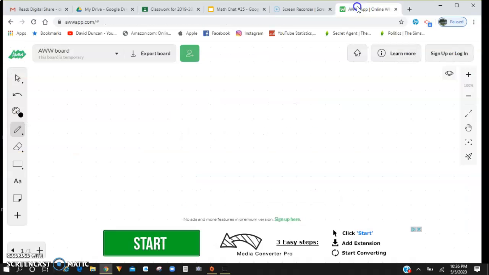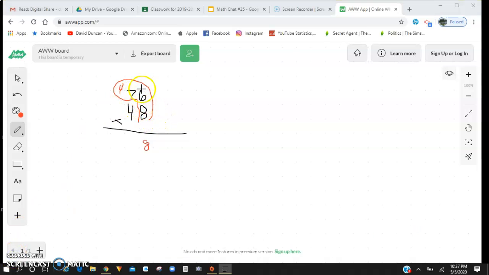So I'm going to do 76 times 48, using that turtle head method, and I'm going to draw my turtle head here in a different color. 8 times 6 is 48, carry the 4. 7 times 8 is 56, 56 plus 4 is 60, my 60 right there.